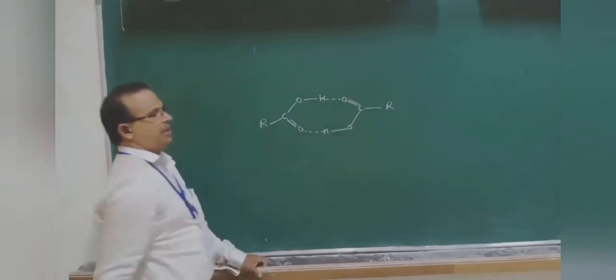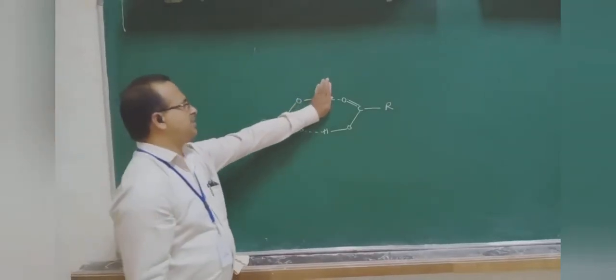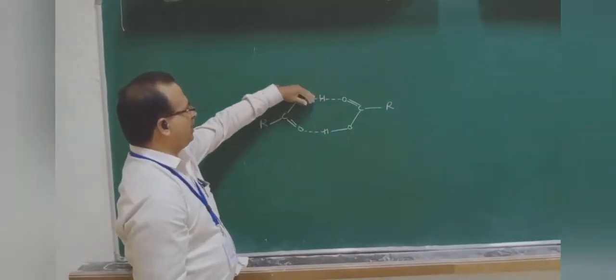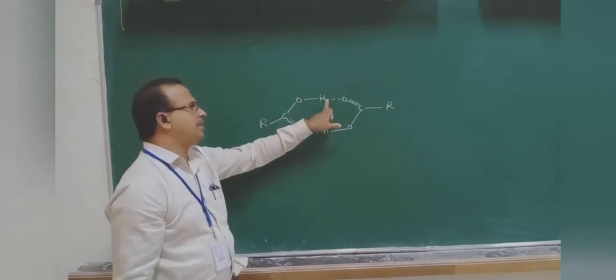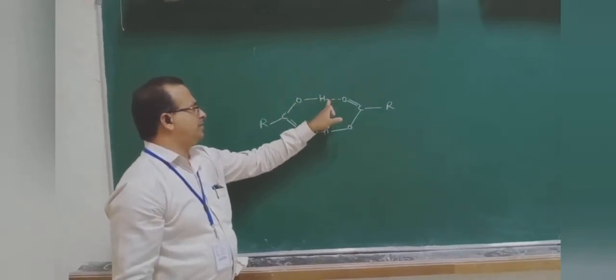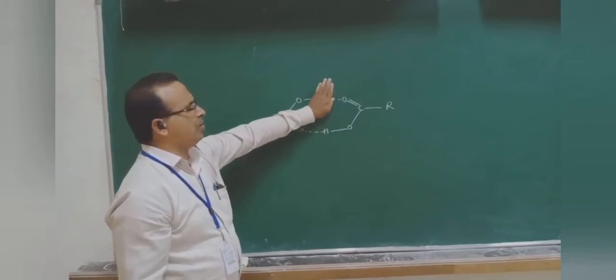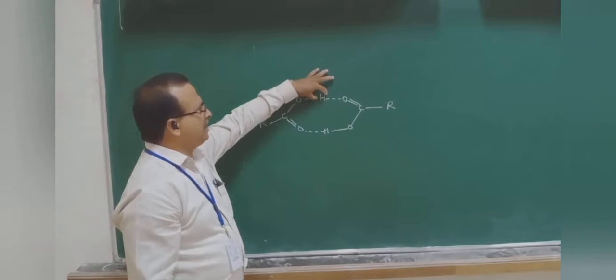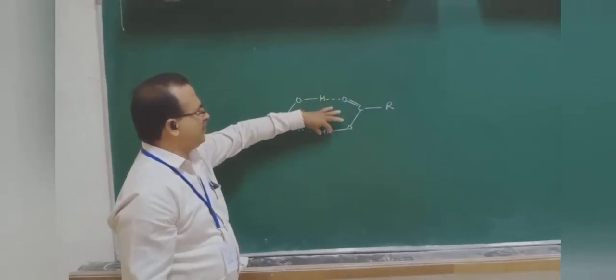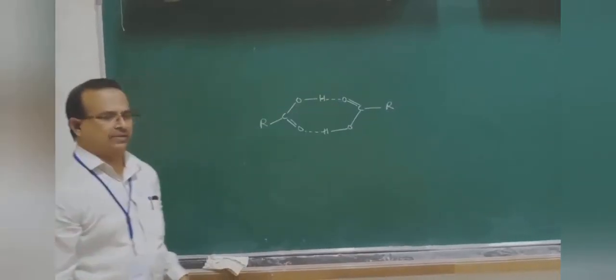So this proton is involved in a covalent bond with an electronegative oxygen atom, and hydrogen bonding with another electronegative oxygen atom. So this proton is highly deshielded here. So here it has higher delta values. Similarly, here also higher delta values.